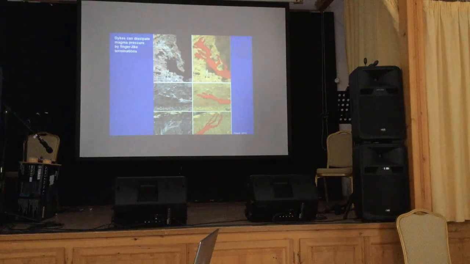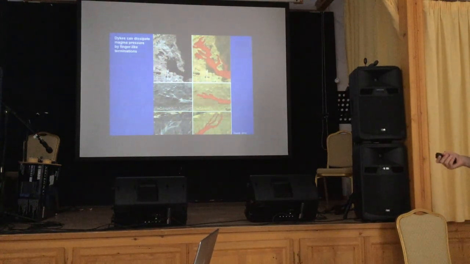So you have seen that dikes can terminate against a discontinuity. They can also terminate because they dissipated their overpressure, but at a very specific point, in a fracture. Or dikes can end with this sort of finger-like shape. You see there are a lot of fingers, and this is due to the dissipation of the magma pressure in the interior of the deposit.